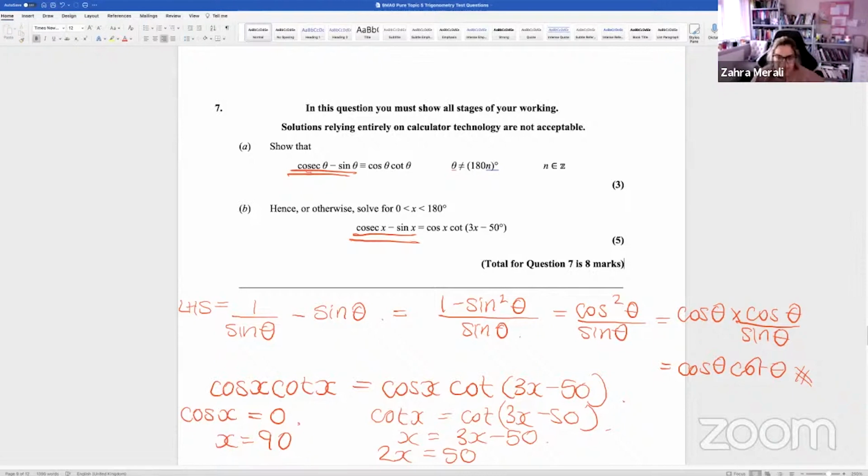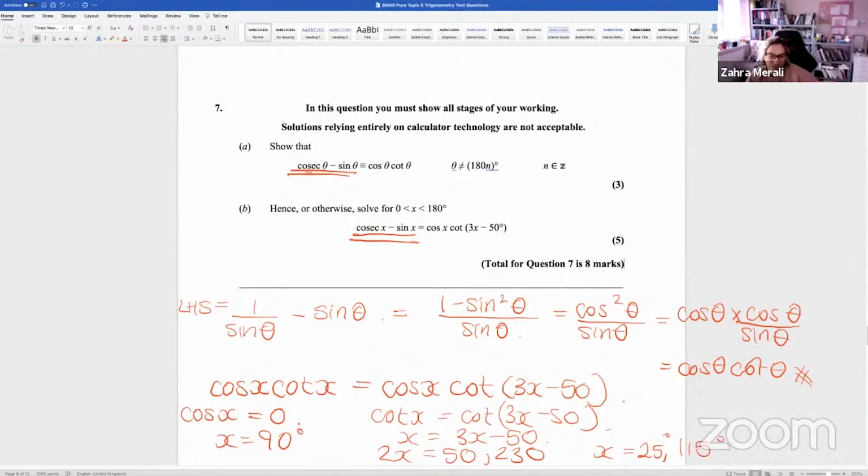So it repeats every 180. So we're going to say 50 plus 180 at this point, which gives us 230. And then we can divide them both by 2. And our three final solutions are 90, 25 and 115.